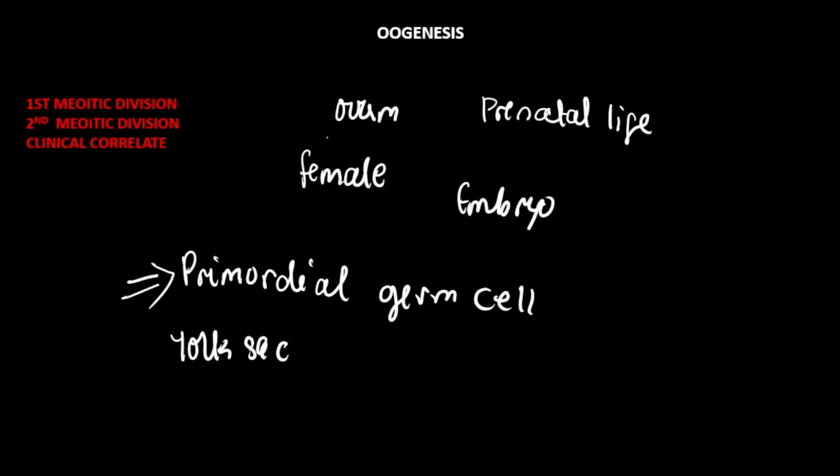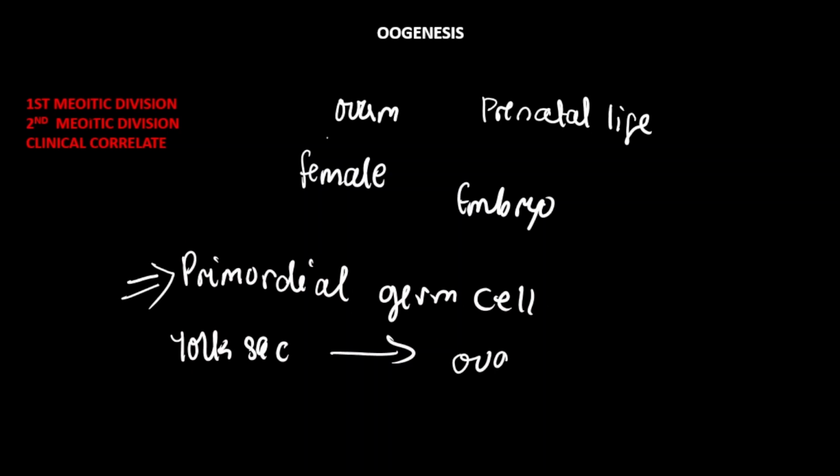However, the yolk sac is away from the developing gonads, so these primordial cells would have to migrate from the yolk sac down to the developing gonads, and since we're considering oogenesis, the developing gonads would be the developing ovaries.